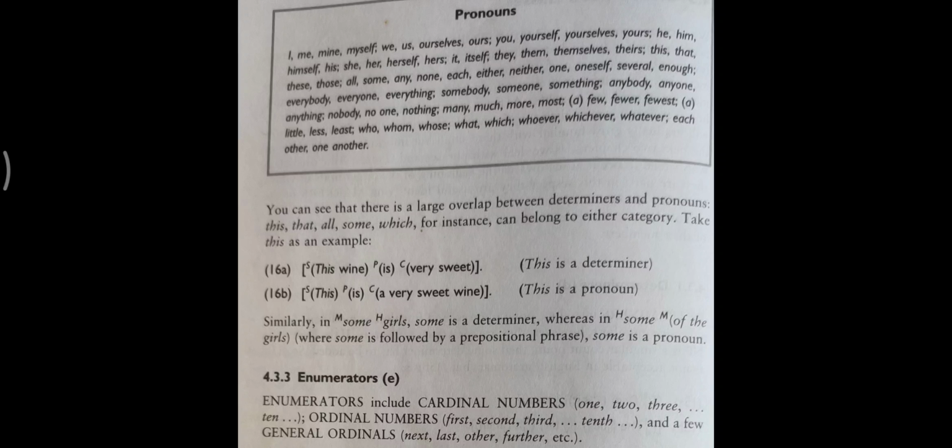'This wine' is specifying, pointing: this wine is very sweet. This is a determiner. 'This is a very sweet wine.' This is a pronoun. Similarly, in 'some girls', 'some' is a determiner. In 'some of the girls', it stands for the pronoun. So like this we have pronouns.